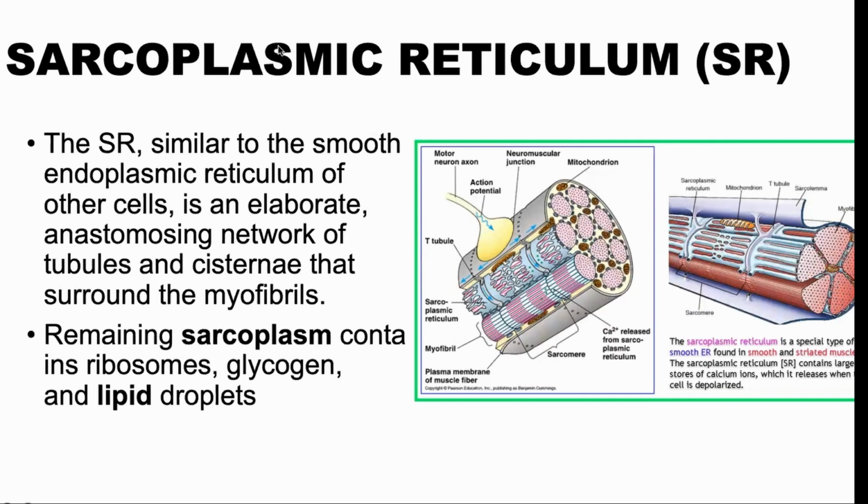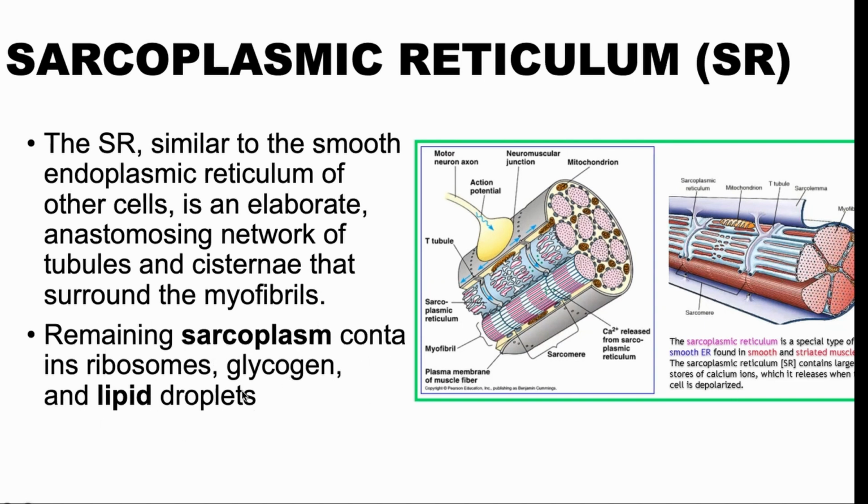The sarcoplasmic reticulum, we say, is similar to the smooth endoplasmic reticulum. It is elongated and they're tubules. And in the sarcoplasm, you have ribosomes, glycogen, lipids.